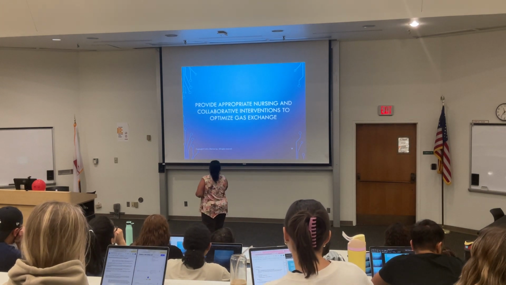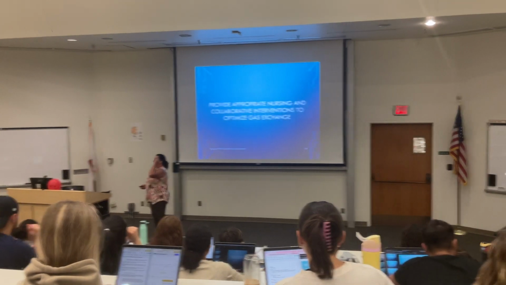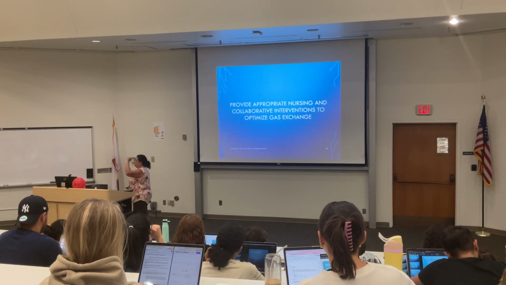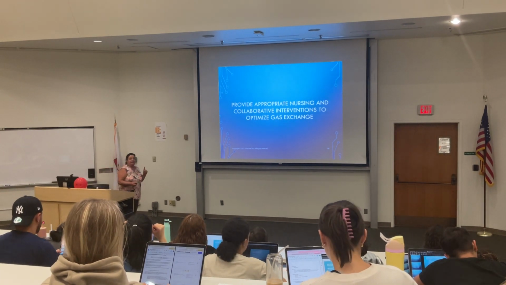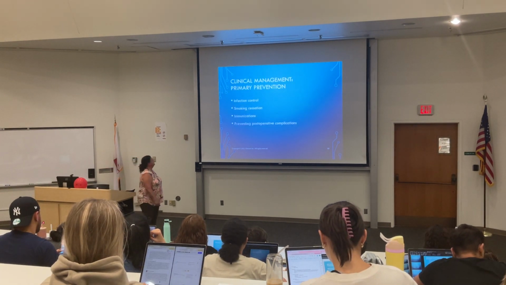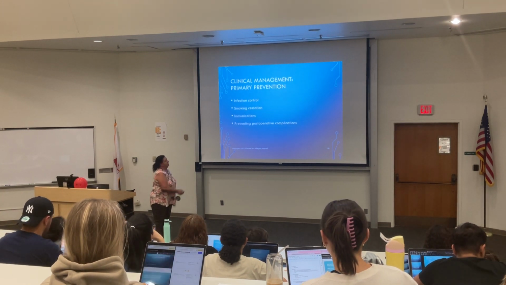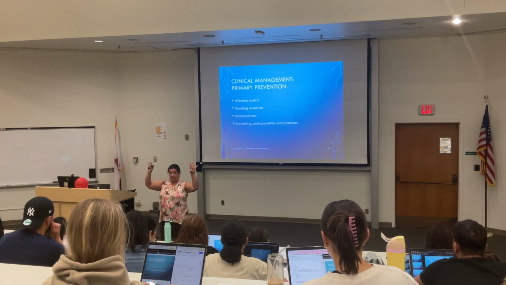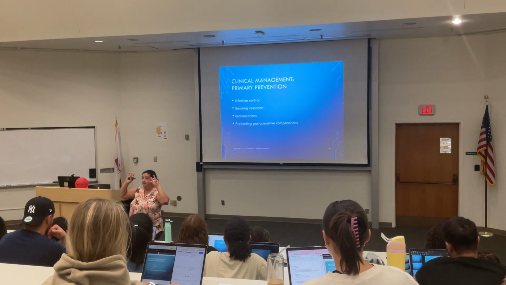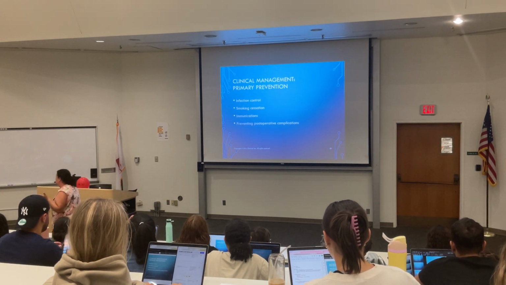So, nursing and collaborative interventions. Our collaborative interventions is going to be number one with your respiratory therapist. Make friends with them. They can be your lifesaver, or your patient's lifesaver. So, we are going to practice hand hygiene number one, right? To prevent bringing stuff in to your patients who may be compromised with some other illness going on.